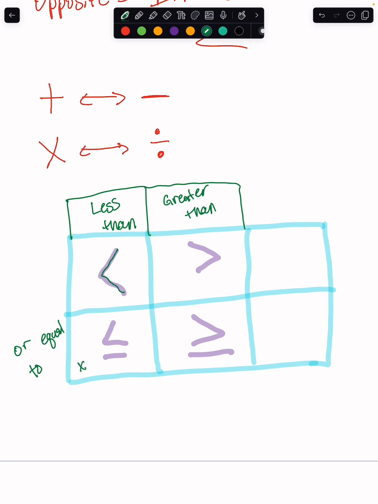So that's that. Now, these boxes and symbols actually make a difference. When you have just a less than, that's an open circle. And if you have the equal to sign, that is a closed circle. What that means is if it's an open circle, the number is not included, but if you have a closed circle, the number is included.